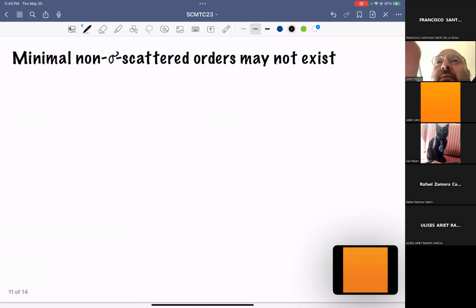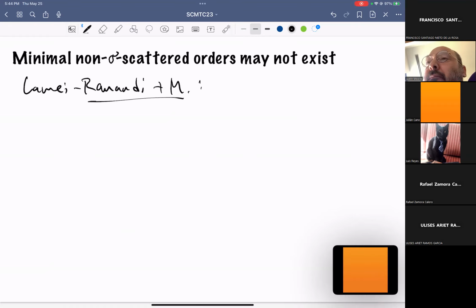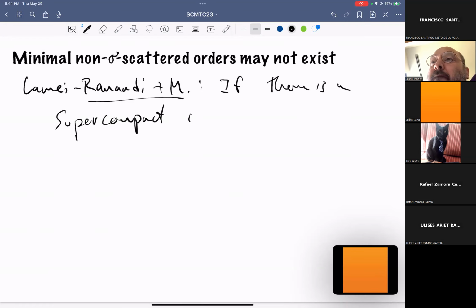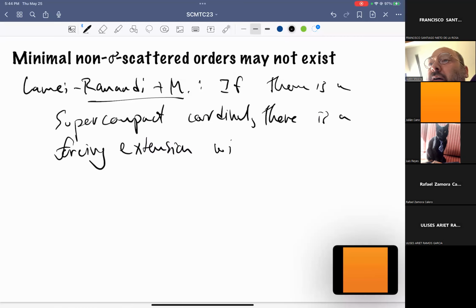It's also true that Hossein Lamei Ramandi and myself proved that if there's a supercompact cardinal, there's a forcing extension with no minimal non-sigma scattered orders.